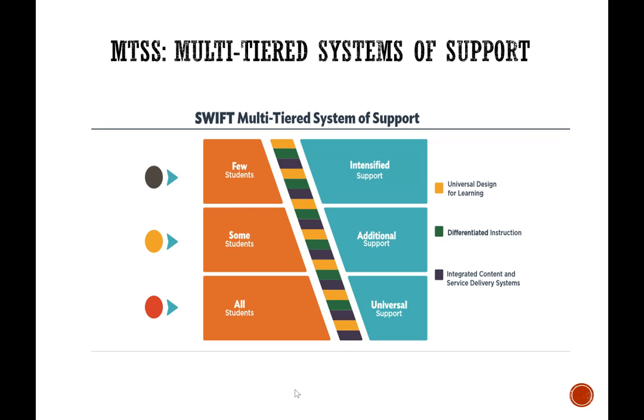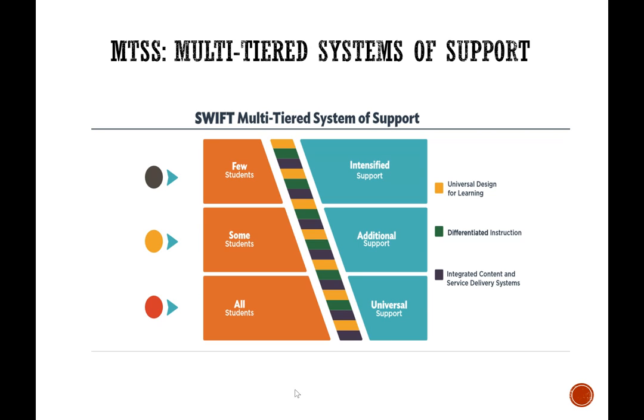This is a different graphic around multi-tiered systems of support, which I actually prefer, because in the previous graphic, people often misrepresent it and say that only 80% of students should be in Tier 1. No, once again, what the graphic is saying is with effective Tier 1 instruction, 80% of students should be able to meet Level 3 proficiency.